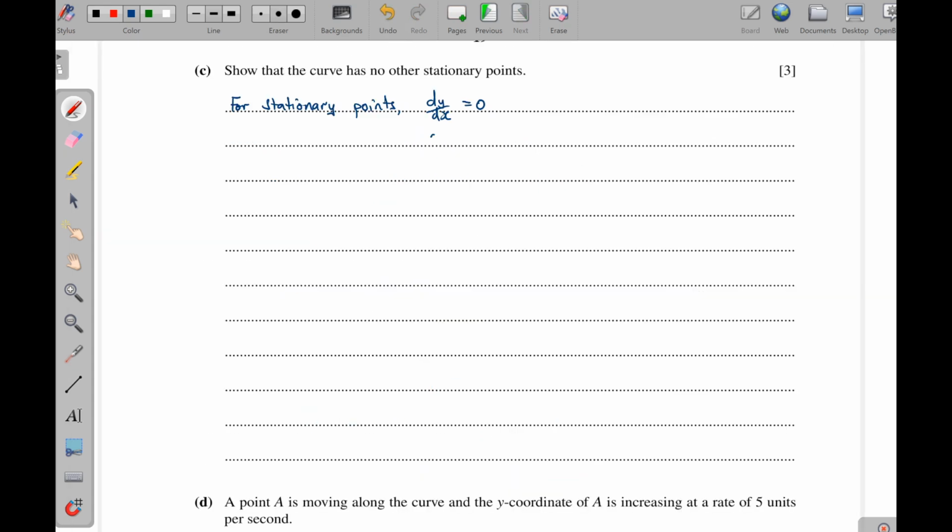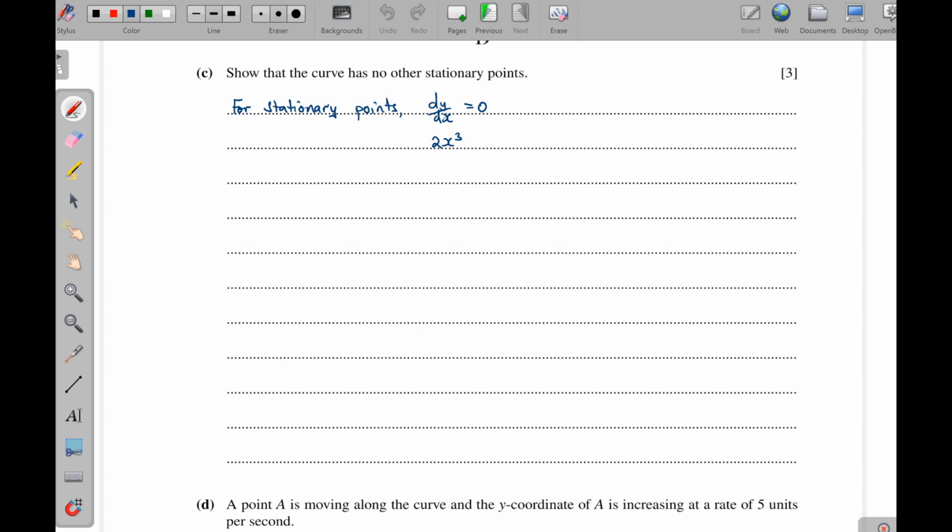So it is 2x cubed, then plus 2 out of x squared. We are supposed to equate this one to 0. Then I can multiply everywhere by x squared so that I eliminate this denominator. That means here I'll have 2x to the power of 5, then here plus 2, which is equal to 0.